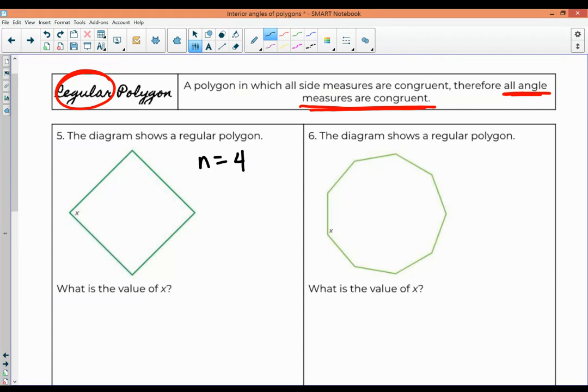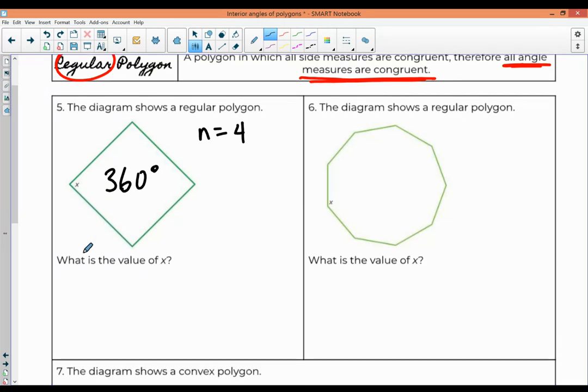So since I want to find the value of x, first I need to figure out how many degrees are in here total. We already did one like this, and we know that that's 360 degrees. So that's any quadrilateral. Any polygon with 4 sides, the sum of the interior angles is going to be 360. So the way that we find each angle measure, if it's a regular polygon, we do 360 divided by n.